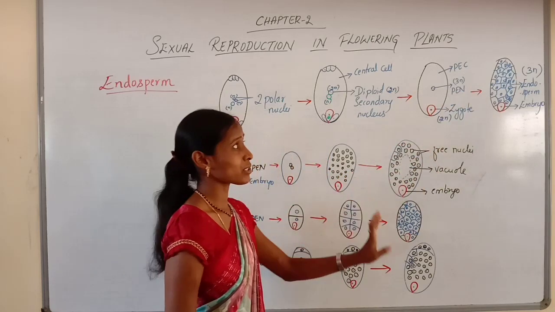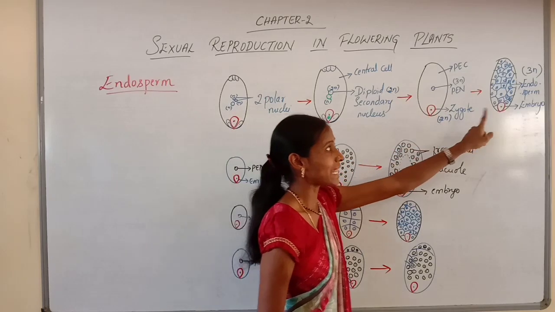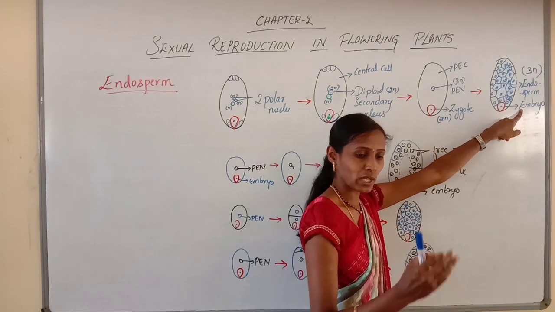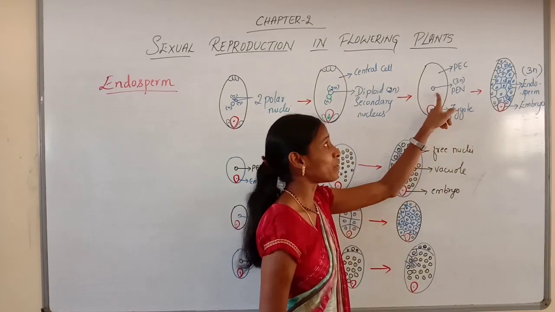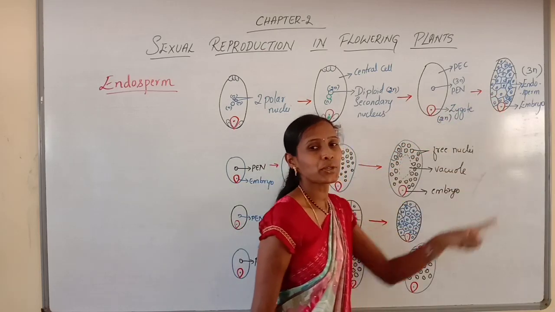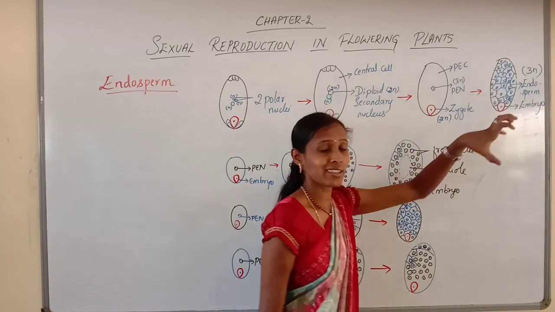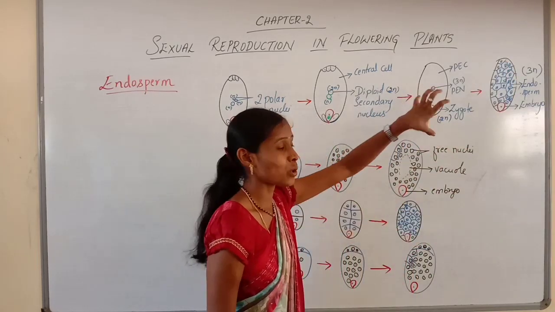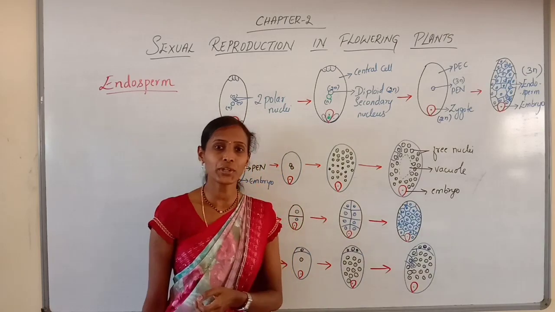After fertilization, you know that this zygote later develops into the embryo. The stages of embryo development we will be discussing later, and this primary endosperm nucleus develops into a nutritive tissue called endosperm. So this entire thing that you can see in the central cell, the central cell only gets converted into the endosperm, which is a nutritive tissue.